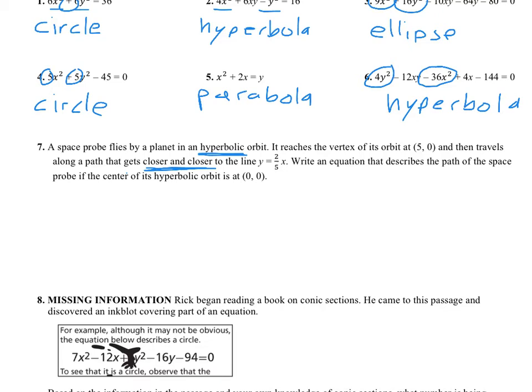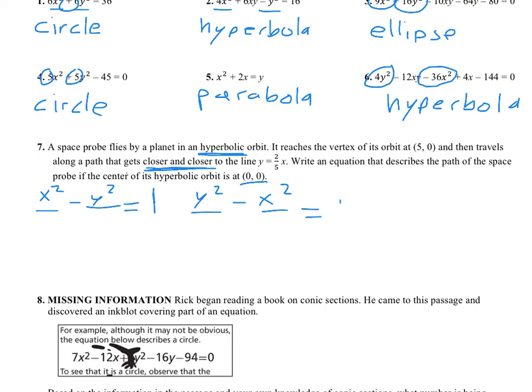So we have to write an equation, and we know the center is at 0, 0. So remember the formulas. When it's at 0, 0, it's either x squared minus y squared equals 1, with denominators, or y squared minus x squared equals 1. Alright, so are we told whether it's horizontal or vertical?